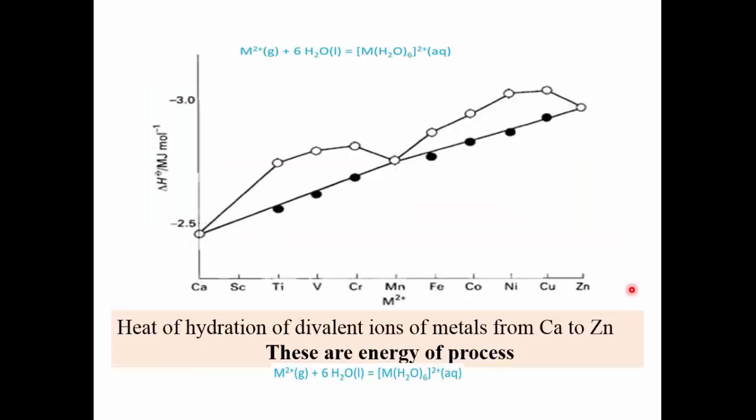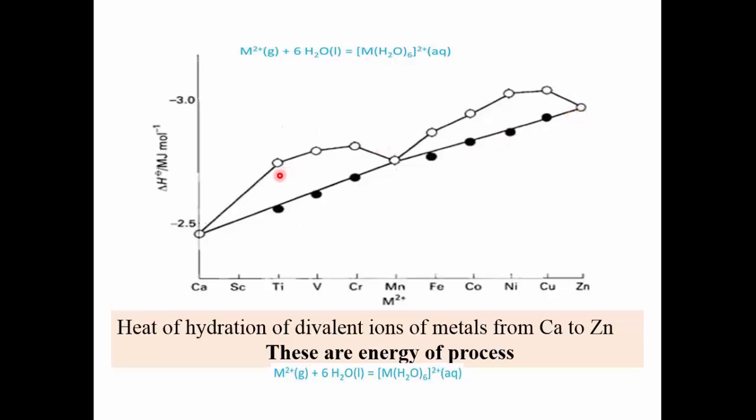This is the graph for heat of hydration for divalent ions of metals from calcium to zinc. See, this is calcium, that means d0. This is manganese, d5, and this is the point for heat of hydration for zinc, d10. So a regular increase in heat of hydration is observed for d0, d5 and d10.